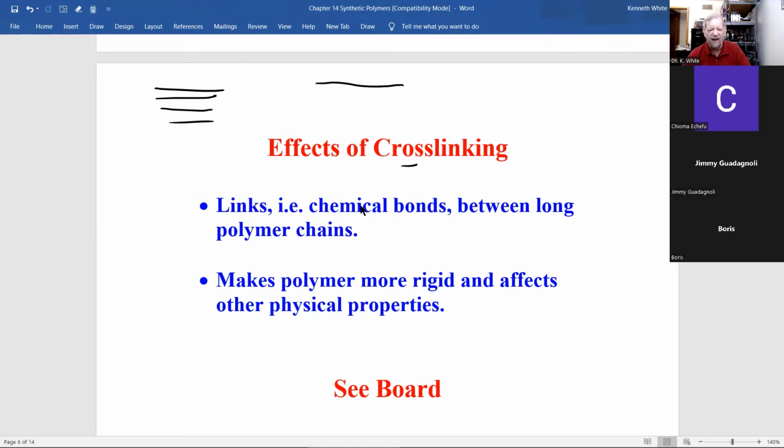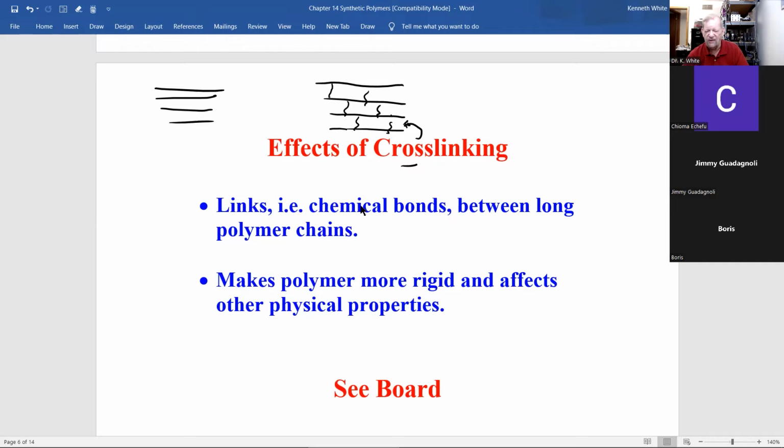Let's assume I have these 3 or 4 polymer strands or molecules. If I go this way, it's pretty rigid, it's strong. But if I pull it this way, it falls apart. Well, if I chemically bond this to this, and this to this, and this to this, that's called cross-linking.